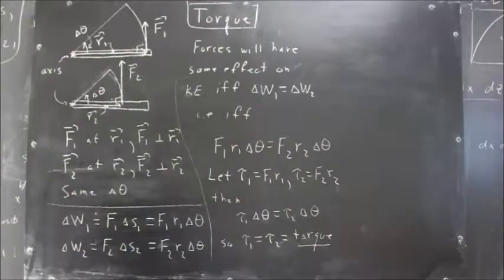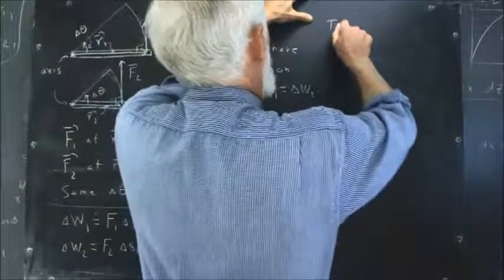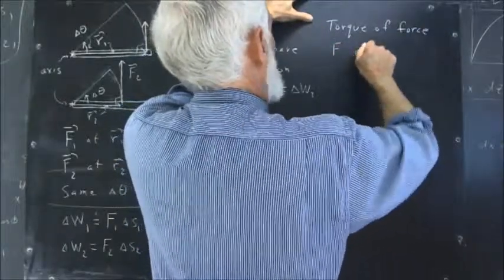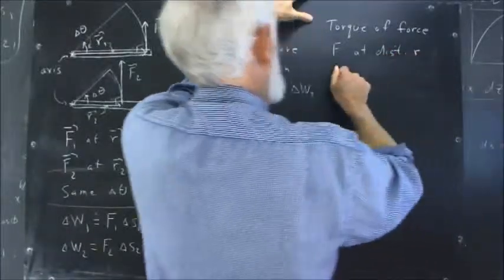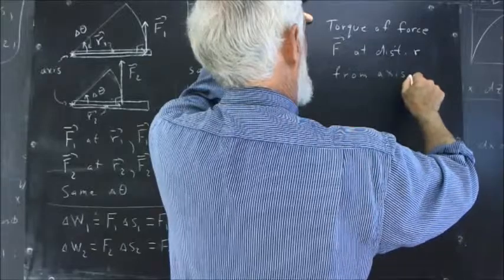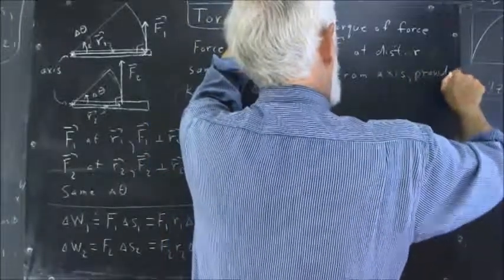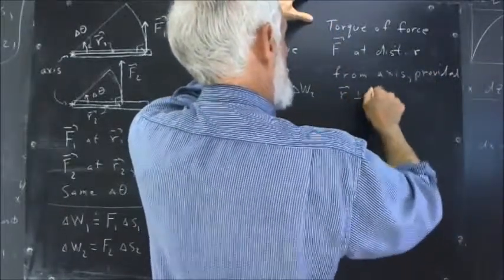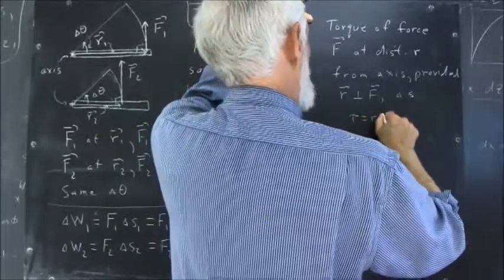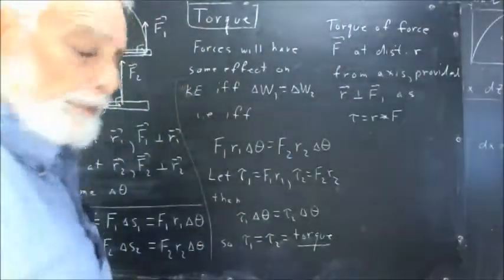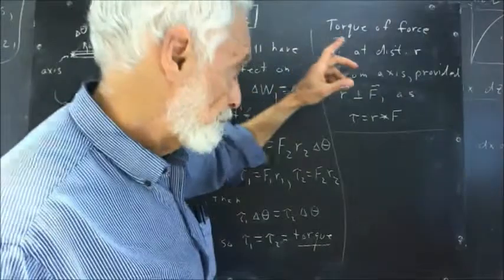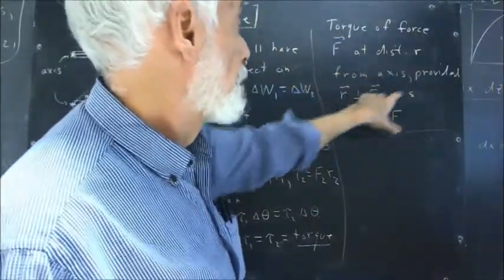So we can define the torque of a force F at a distance r from the axis, provided for the moment that the r vector is perpendicular to the F vector, as torque equals r times F. Now, F is not always going to be perpendicular to r.